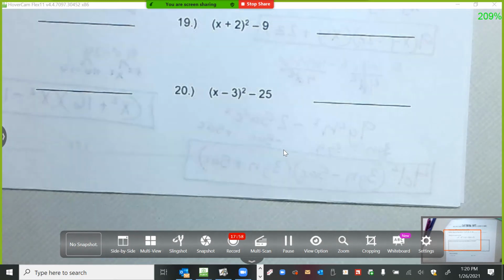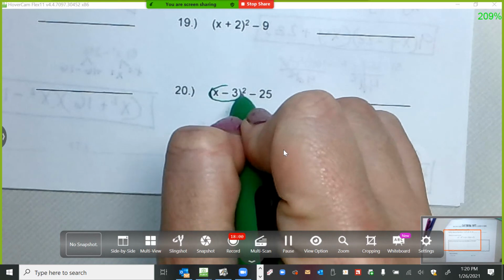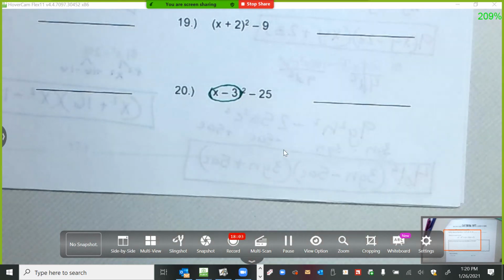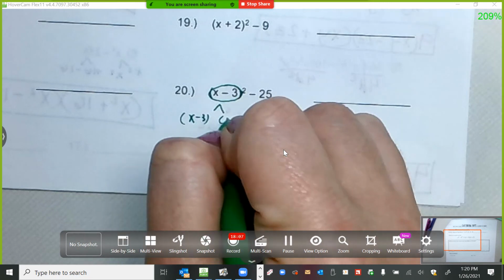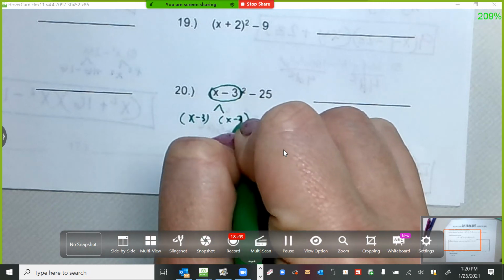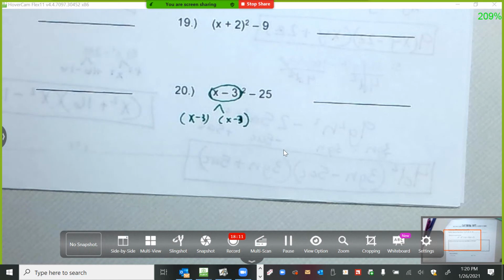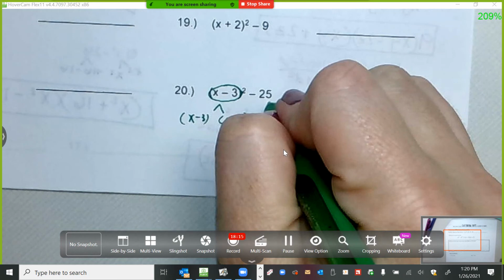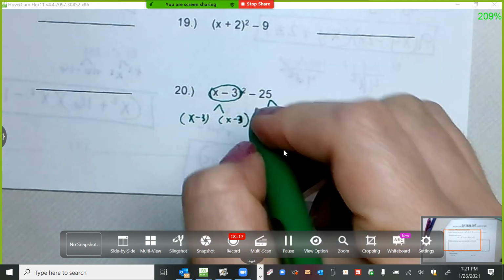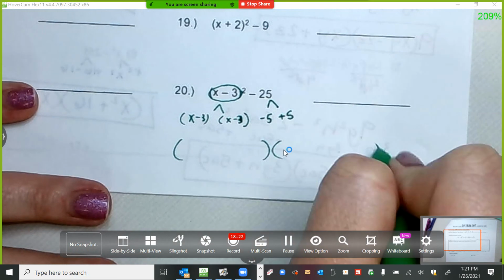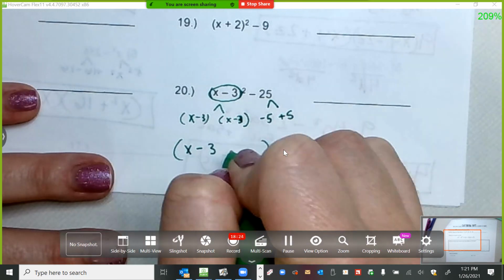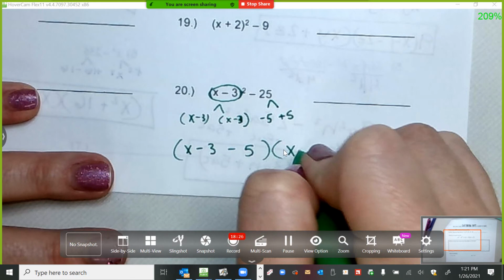But it's not worth doing all that on this. Because isn't this a perfect square because the whole thing's squared? So what times what equals that? Well, just x minus 3 times x minus 3, right? x minus 3 times x minus 3 is x minus 3 squared. Okay. What times what gives you negative 25? Negative 5 and positive 5. So when I write this, I get x minus 3 minus 5, x minus 3 plus 5.